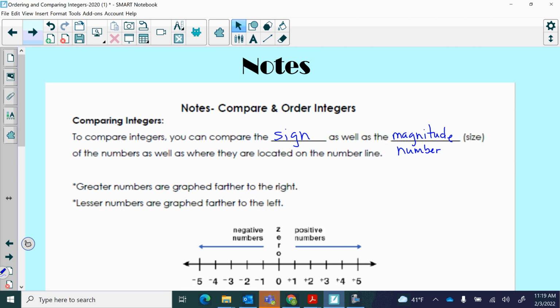So in other words, we're looking at the number, how large it is. And where are they located on the number line? That second part is the primary piece for determining which numbers are bigger or smaller. The ones that are further left, less numbers are left. That's the easy one to remember. Right is more, left is less.